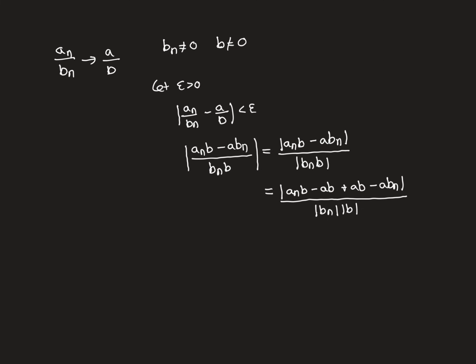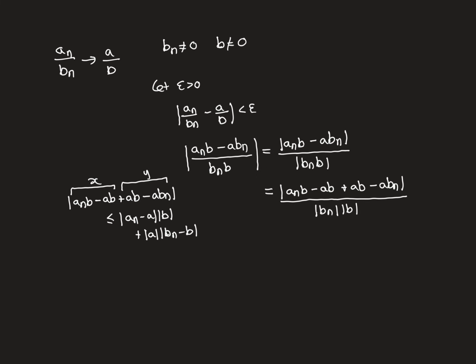And now, by the triangle inequality, we have that mod a_n b minus ab plus ab minus a b_n is going to be less than or equal to, using this as our x and this as our y, mod a_n minus a times mod b, plus mod a times mod b_n minus b.